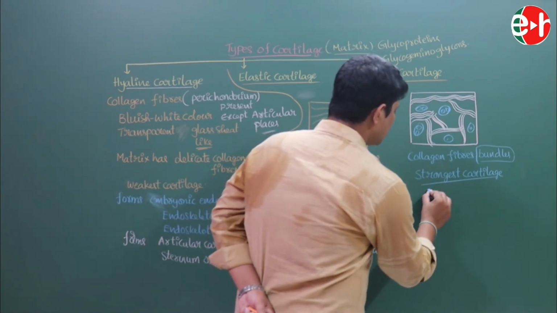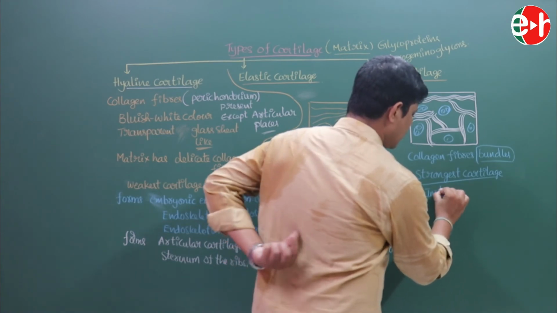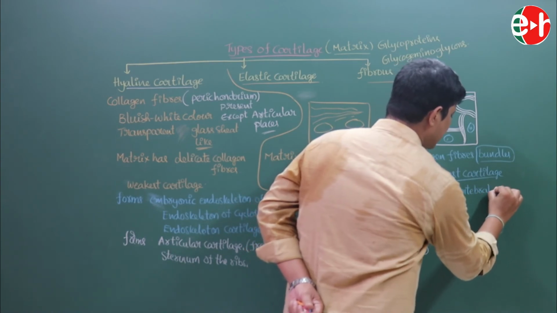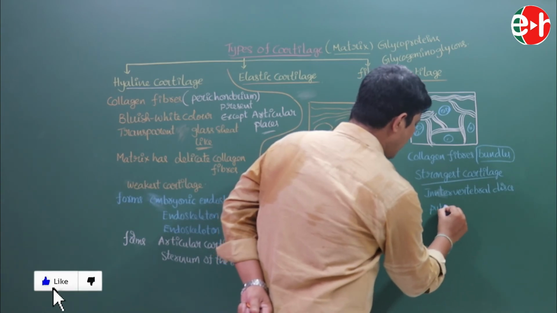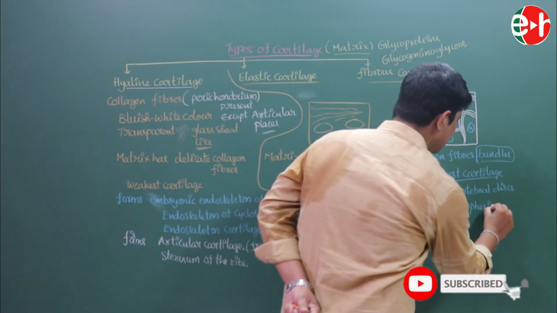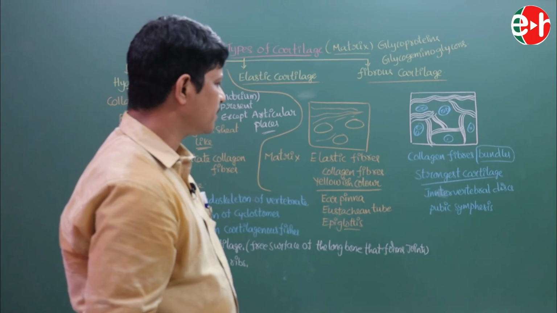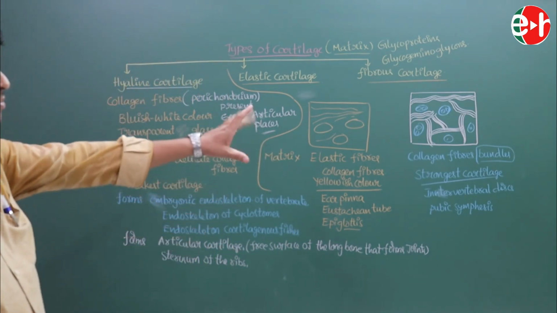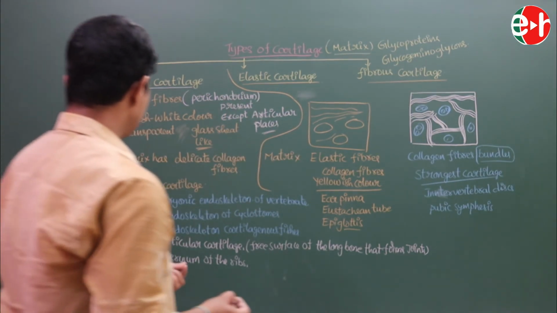This fibrous cartilage is located in the intervertebral discs and the pubic symphysis. This is the location where the fibrous cartilage is present. See, these are the hyaline cartilage, elastic cartilage and fibrous cartilage and their differences.